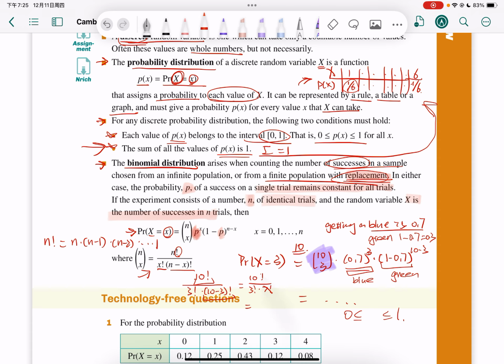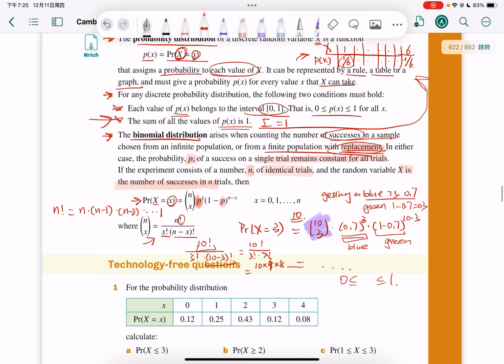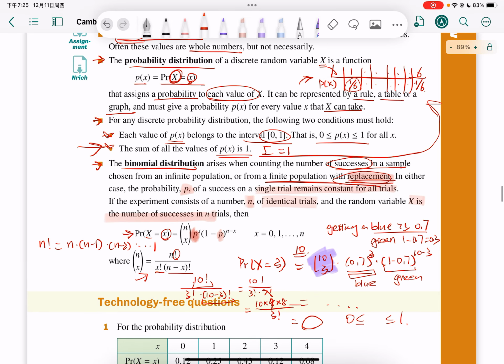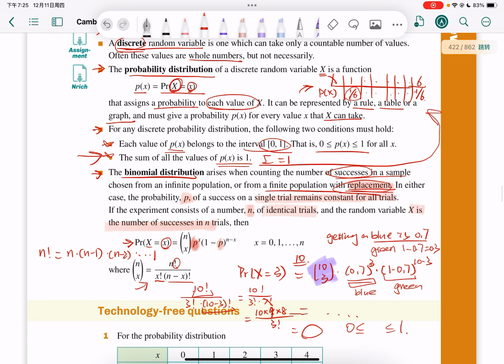And then it becomes 10 times 9 times 8, and the remaining 7 factorial is cancelled out with the denominator. And then we have the denominator 3 factorial. And you should get something. Okay, that's how we calculate the 10 trials choose 3 problem.